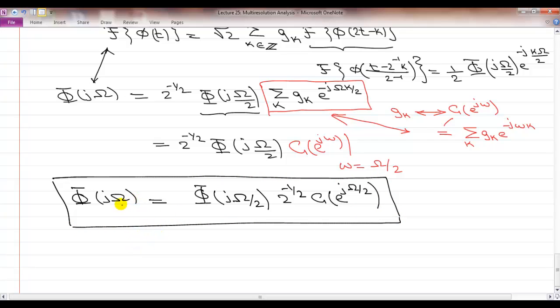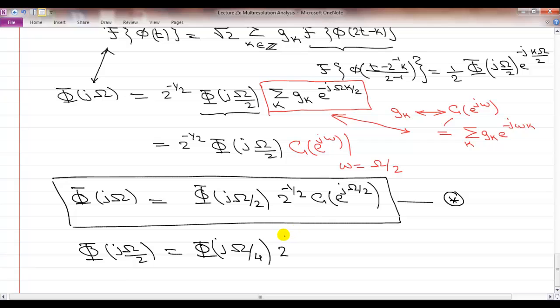If I replace omega by omega by 2 in this recursion formula, I get that phi of j omega by 2 is equal to phi of j omega by 4 times 2 to the minus 1/2 g of e to the j omega by 4. And I can keep on applying this recursion.